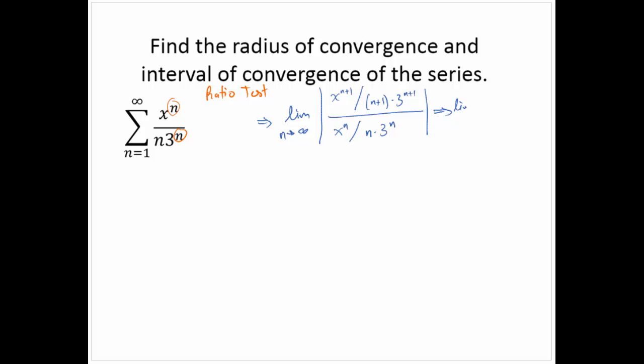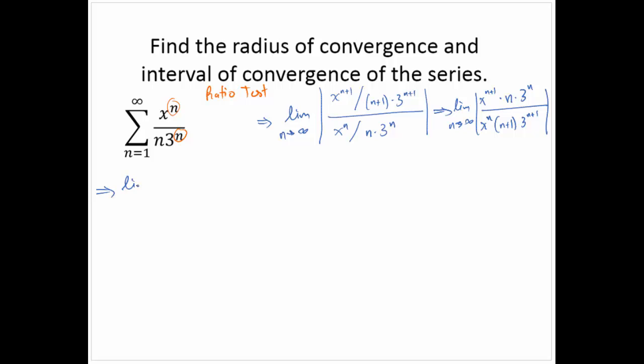Simplifying, this becomes the limit as n approaches infinity of the absolute value of: x to the n plus 1, n, and 3 to the n in the numerator, and x to the n, n plus 1, and 3 to the n plus 1 in the denominator.